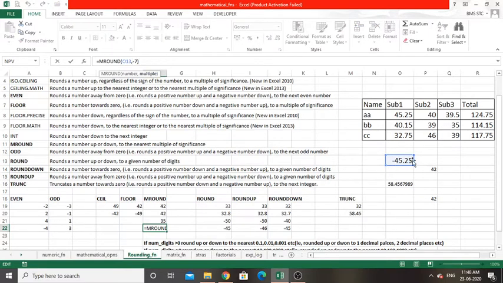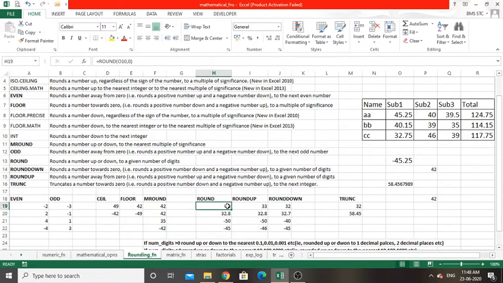Since I passed a negative number, I should also pass the significance value with the same sign. This is only applicable for the MROUND function. If the number is positive, the significance value should be positive. If the number is negative, the significance value should be negative.